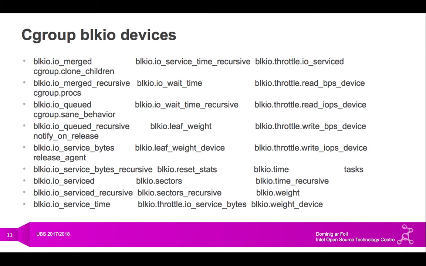Now let's have a little bit of a look at how deep we can go. I just took an example of the block I/O device, and we can see that the number of features which are available is just amazing. In one way, it's sometimes a bit too much. You can decide on throttling, which we all understand, obviously. But we can also define the number of blocks and what service time we're going to allow.